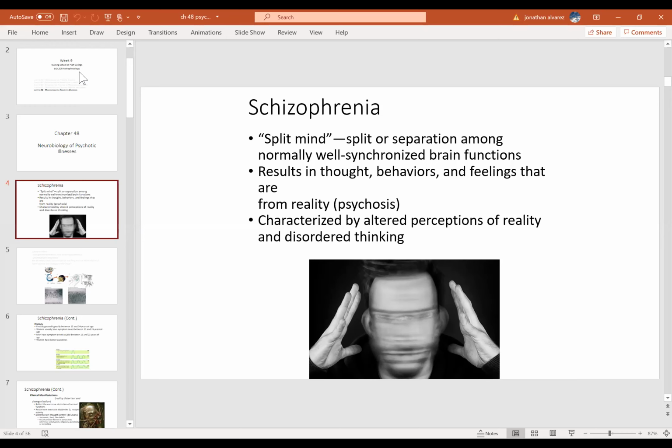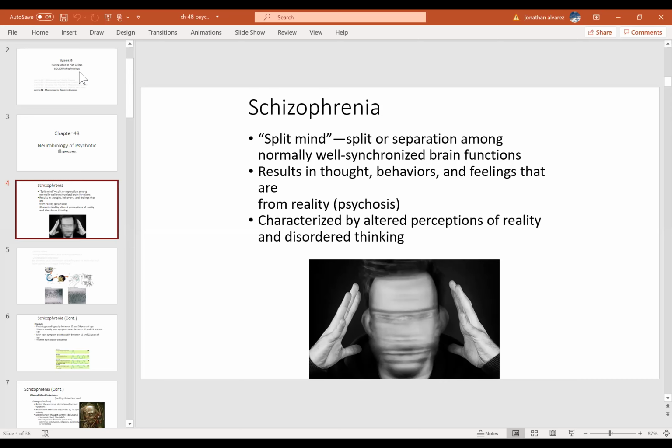So, schizophrenia. Their perception of reality is altered, and these are usually chronic and ongoing. They may have periods of, like, a pause in the season, but then it comes back, so they can relapse.